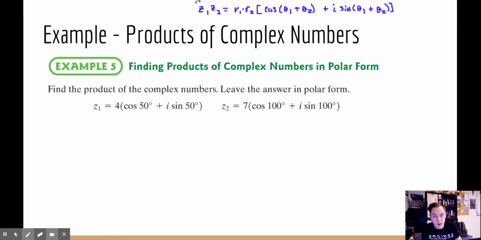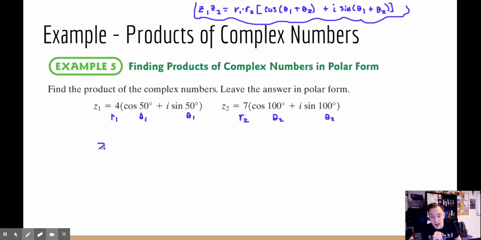So this is my formula, and we're going to be utilizing that formula as such. The hardest part of this, guys, is just recognizing which thetas are which. Well, this right here is your r1, this is your theta 1, and this is your theta 1. This is r2, this is your theta 2, and this is your theta 2. It's just as simple as that.